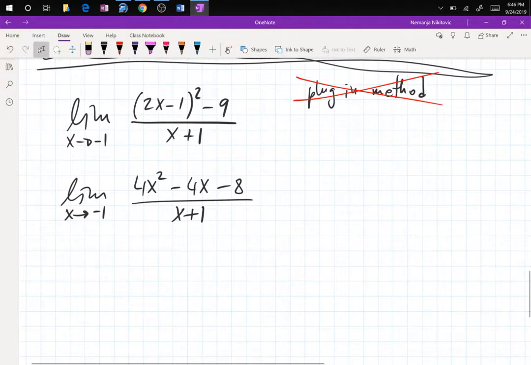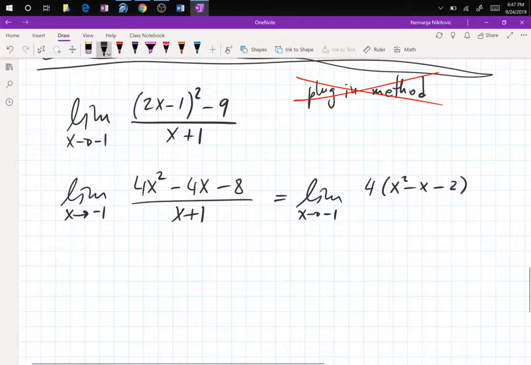Now you can see that you can kick out 4. So limit x goes to -1, you can kick out and have x squared minus x minus 2 divided by x plus 1. Now this 4 can be kicked out in front of the limit. We learned that as a property.